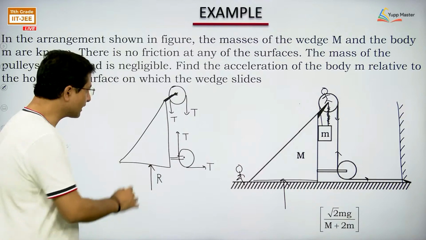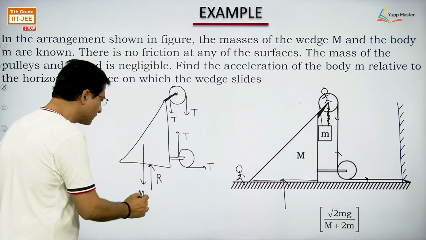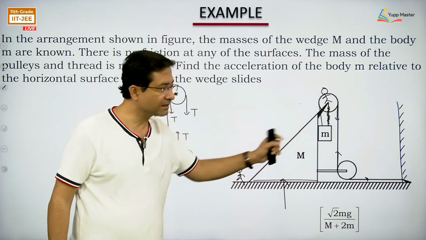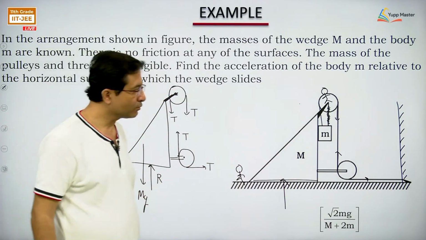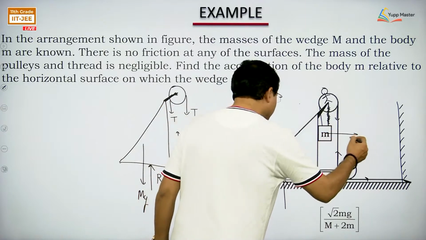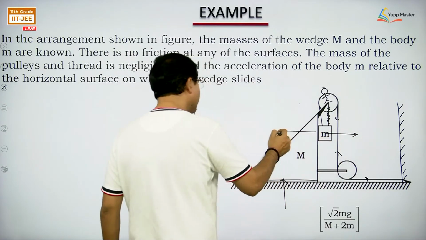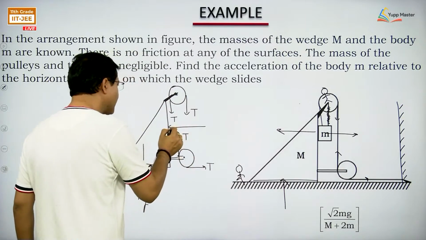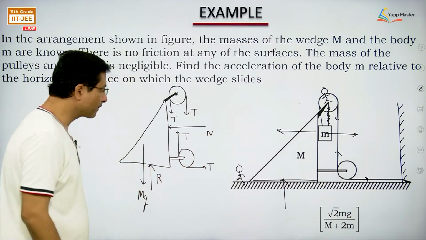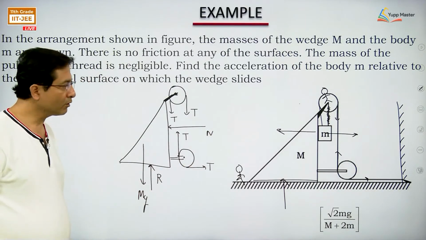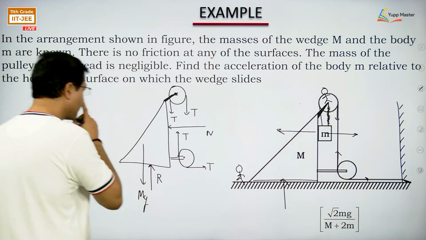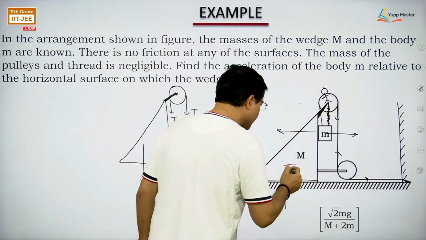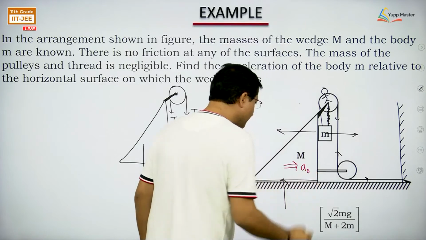Then I can see capital Mg, the field force, drawn. As the block is in contact with capital M, capital M will push the block this way, and this block will push the wedge in the opposite direction. So normally the action will come in this direction. Now if I assume that the wedge is having acceleration a naught, assume that this wedge got acceleration a naught.